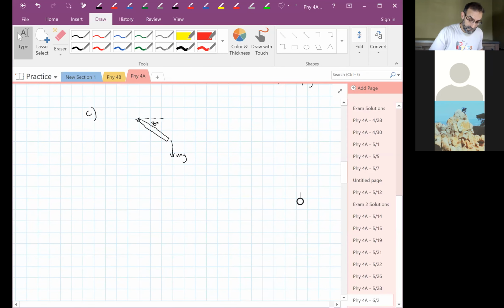You extend the line of force. Find that perpendicular distance. That's D. So this is the exact same as the last one.